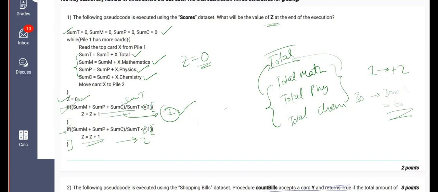If there are 40 cards, then it becomes 40 into 2, 80. The standard notation is n into 2 is equal to 2n.